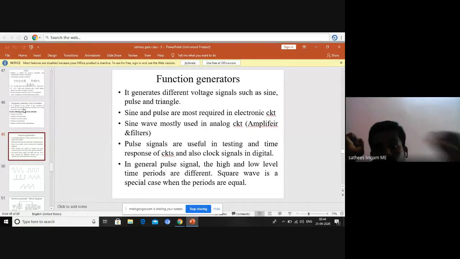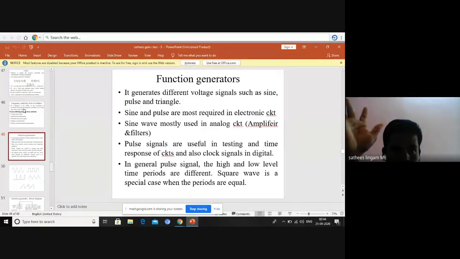Sine waves, that means AC signals, are mostly used in analog circuits like amplifiers and filters. Pulse signals, like square waves, are useful in testing and time response, and in digital circuits.